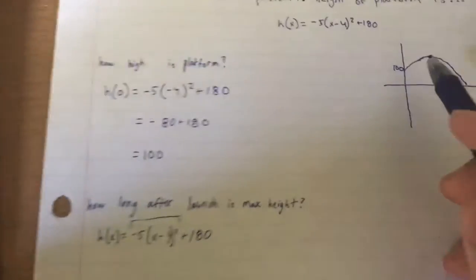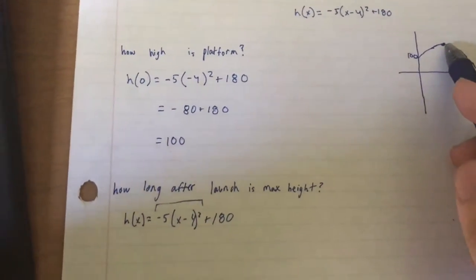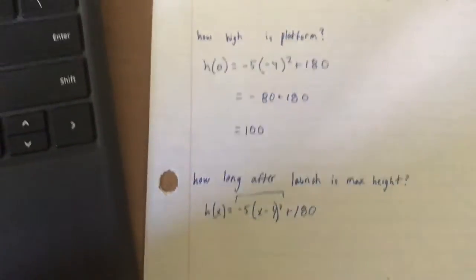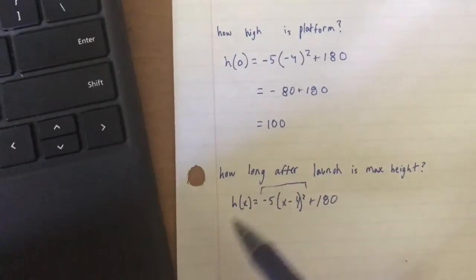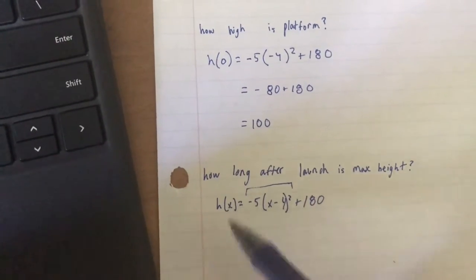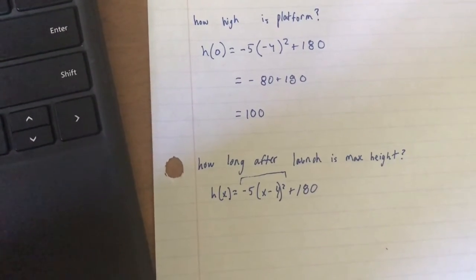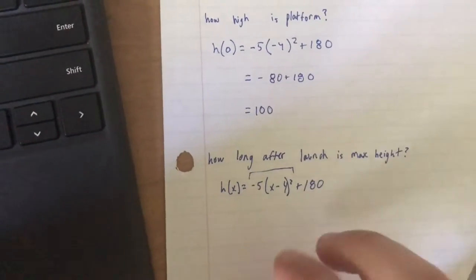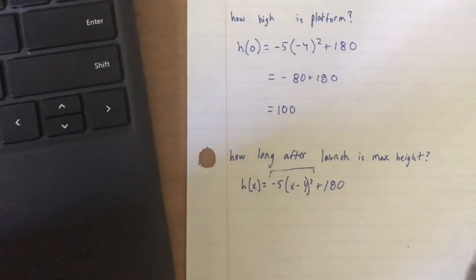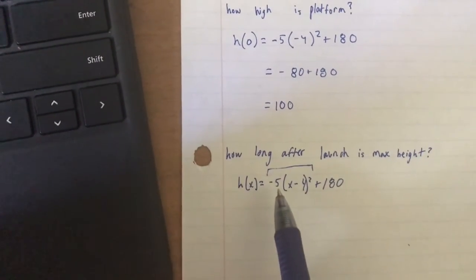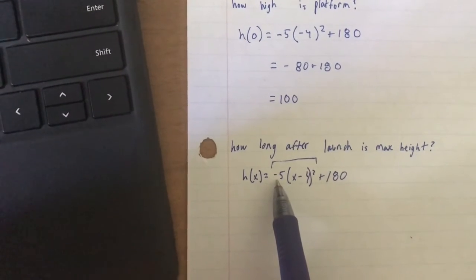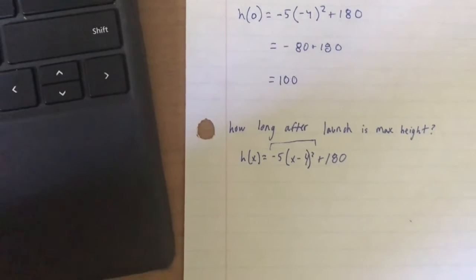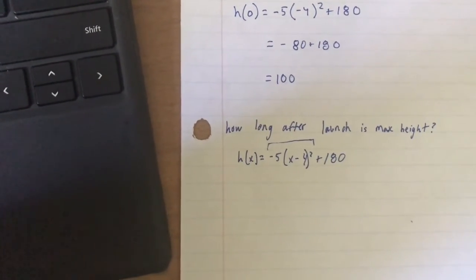Maximum height on the parabola is the vertex. So using the vertex form, we are trying to find the maximum height. Knowing this, this side of the equation, h of x, is the height. So when we are trying to solve for the maximum height, we want to have the highest possible number on the right side. Knowing that, when we are solving for negative 5 parentheses x minus 4 squared, we will never get a positive number.